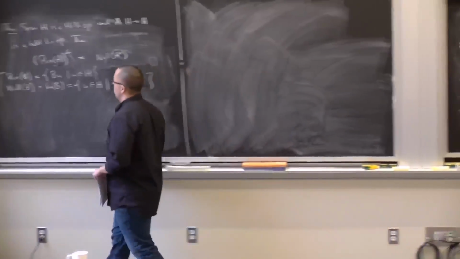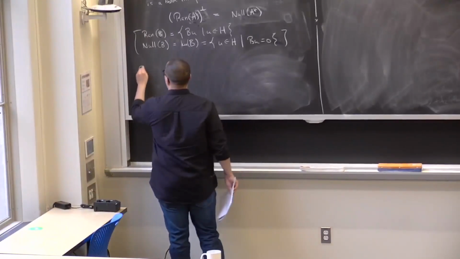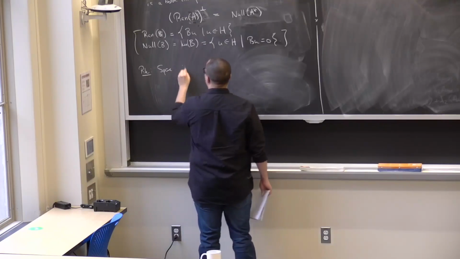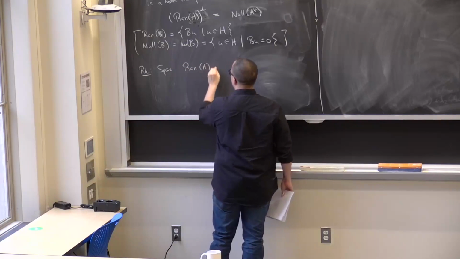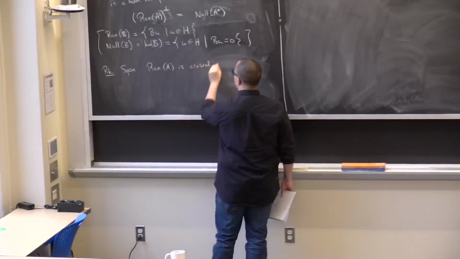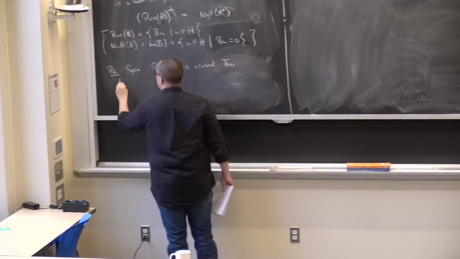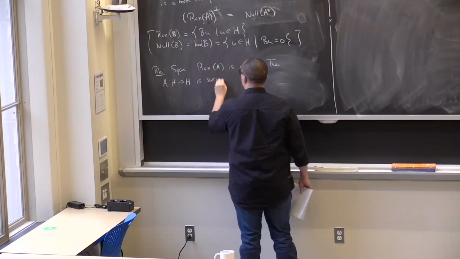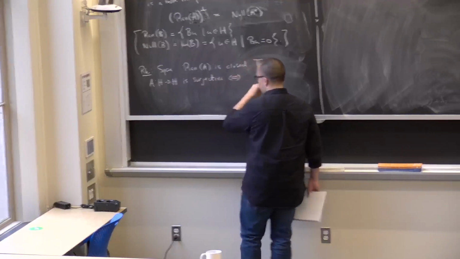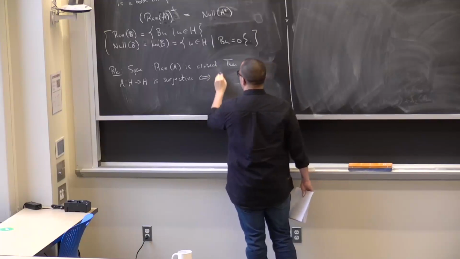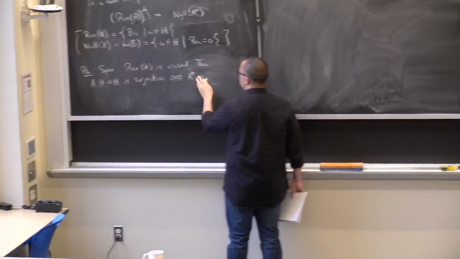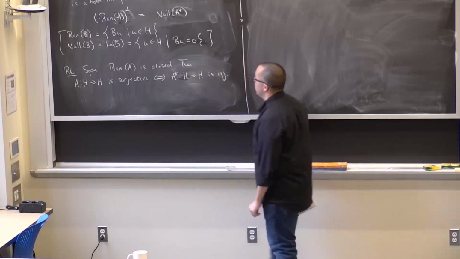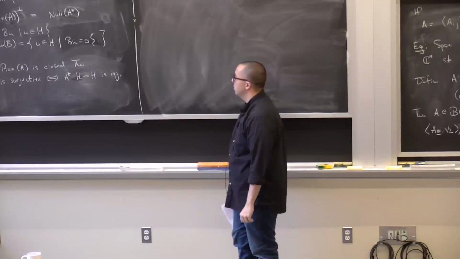So let me make that as a remark. Suppose that the range of A is closed, then A from H to H is surjective if and only if the adjoint is injective, meaning the only thing that gets sent to 0 is the 0 vector, right?